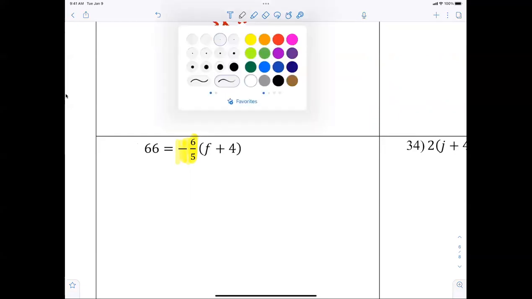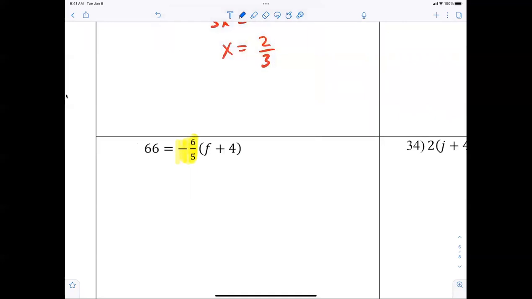What was the reciprocal, Charlotte? Yes, and don't forget to tell me it's negative. So I have negative 5/6. That will cancel. So now if I do negative 5/6 times 66, you would tell me that's what? Negative 55.